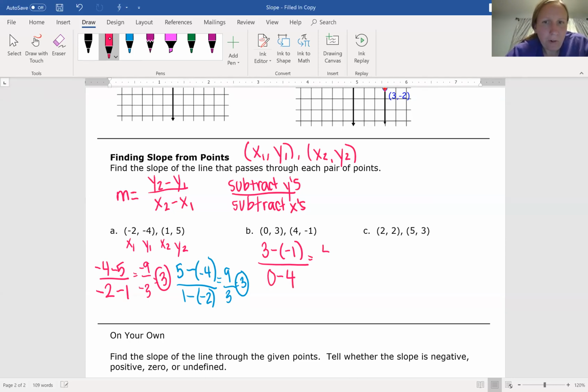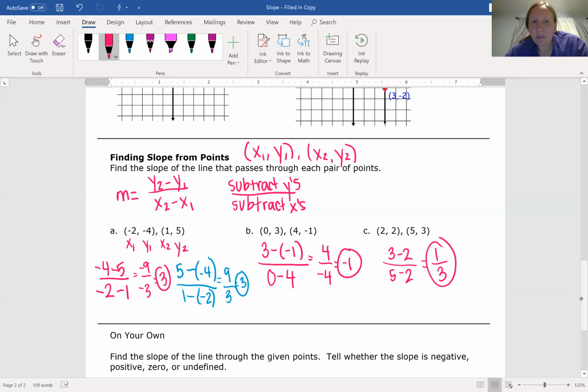So I get 4 over -4, which equals -1. And lastly, we have 3 minus 2. I like that better than 2 minus 3, so 3 minus 2 over 5 minus 2, which gives me 1 over 3. And that is how you find slope from ordered pairs.